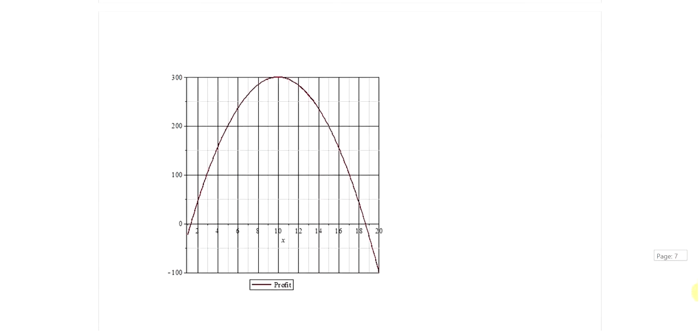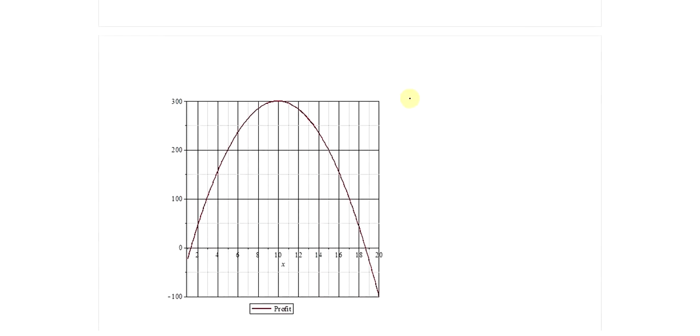And there's the graph of the profit function. Profit equals revenue minus cost. And so in this case, P is, again, revenue, what do I put as my revenue function? 100x minus 4x squared, minus the cost, which is 100 plus 20x.